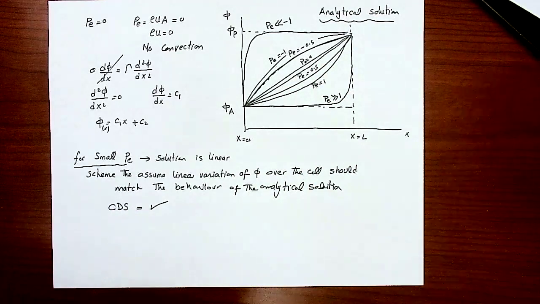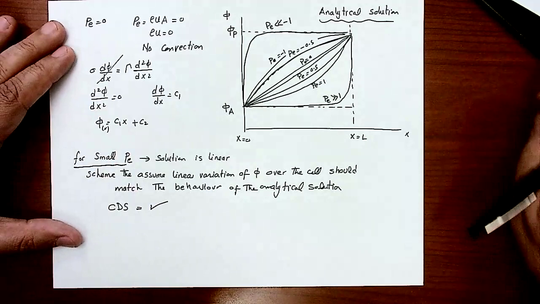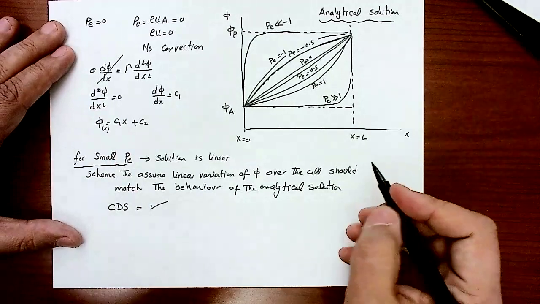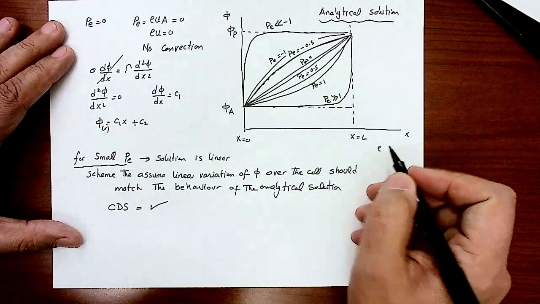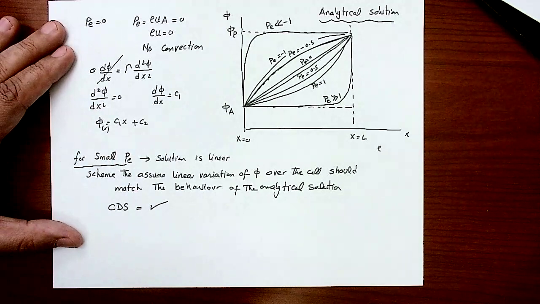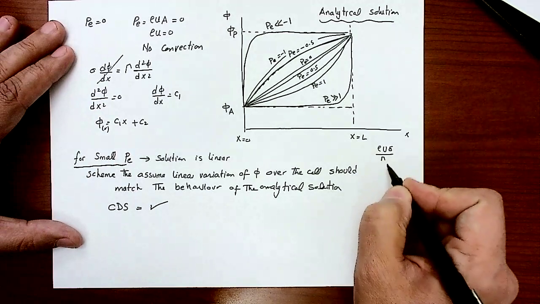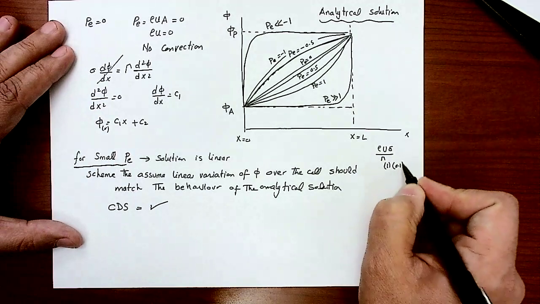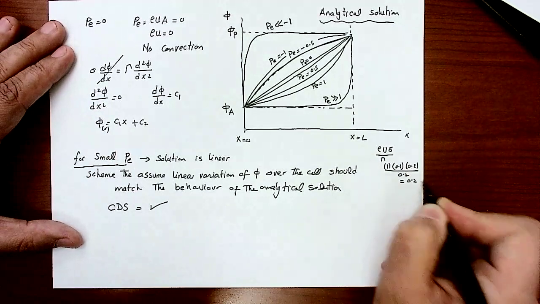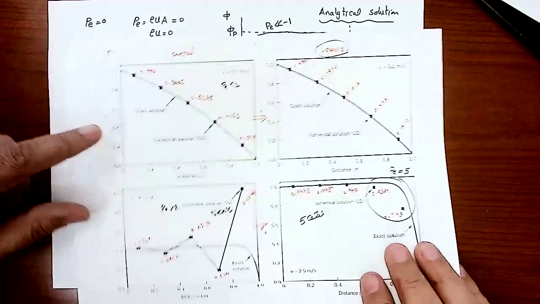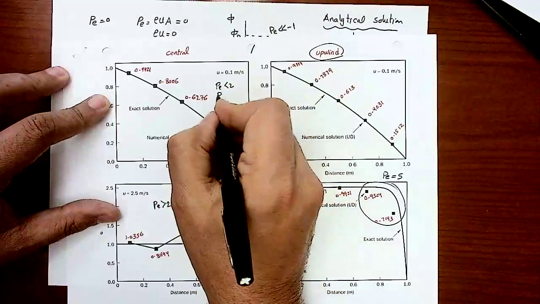I think that's rho U delta over kappa. If I recall correctly, rho is 1, U was 0.1, delta was 0.2 and kappa was 0.1. So the Peclet number was actually 0.2. The exact value is 0.2.